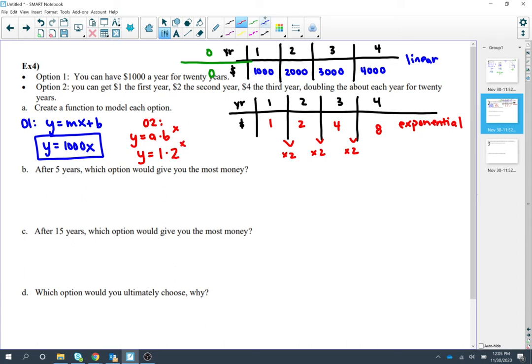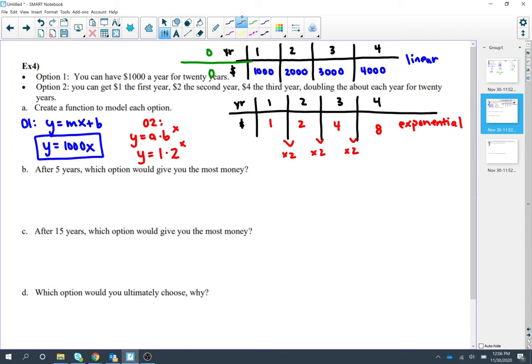Now, if I test this equation, there's going to be a problem. If I put in 2, I should get out 2. So 2 squared is 4 times 1 is 4. Well, that's not right. Okay, what if I put in 3? So 2 to the third power is 8 times 1. Well, that's not right either.